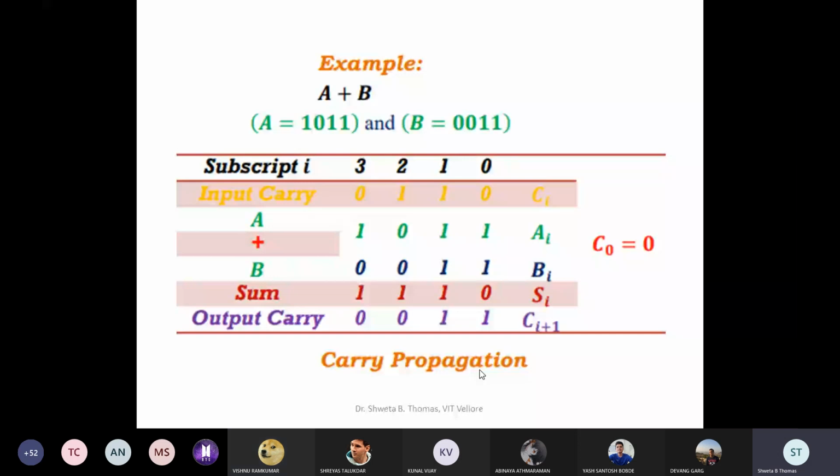And just see in the last row, output carry. For input carry we are putting Ci, but for the output we are writing Ci plus 1. Can you tell me why? Because it is propagating to the next stage, to the next adder. So it will always be Ci plus 1. You have given input C naught in the first stage, and the output you are getting is C1. Just see the diagram.